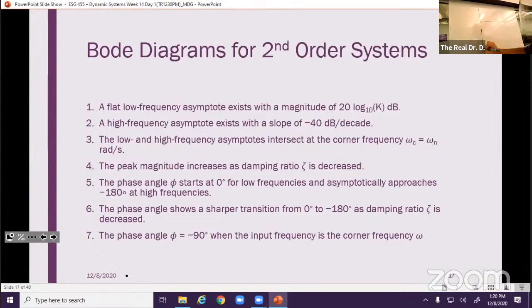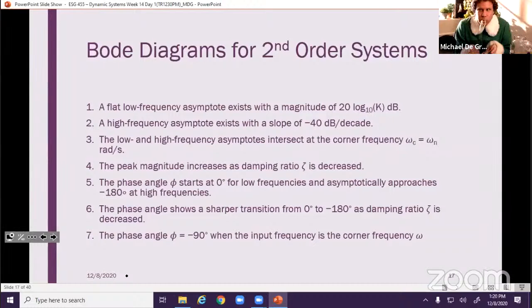I realize that you guys can't see what's going on here, so give me 1 second. This system was 100 over s squared plus 4s plus 100. There it is. Okay.